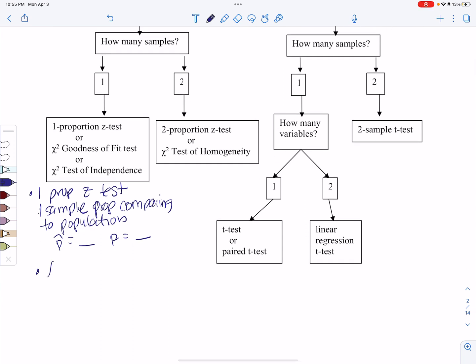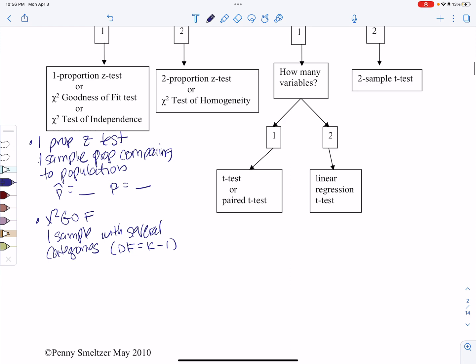A chi-squared goodness of fit, chi-squared GOF, you'll have one sample with several categories. And that's where my degrees of freedom is categories minus 1. Okay? So this would be like your M&Ms.